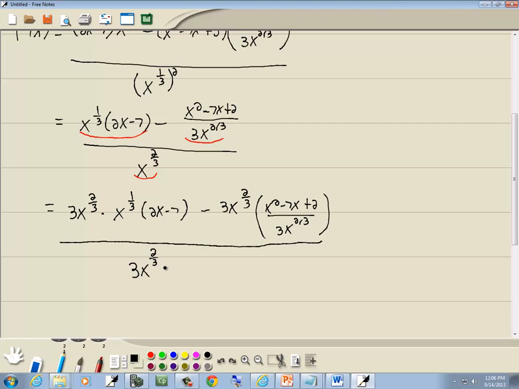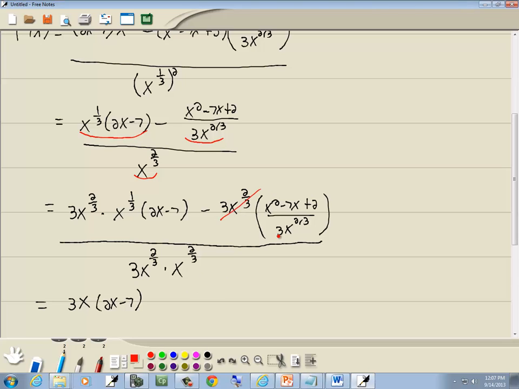You always hate to see those in a calculus problem. Okay. Now up on top here, and I won't write all the steps out, but you got x to a power times x to a power, you add the exponents. 2/3 plus 1/3 gives us 3/3 or x to the first, or just x. So again, 2/3 plus 1/3 is 3/3, which is 1, so it just gives us x.